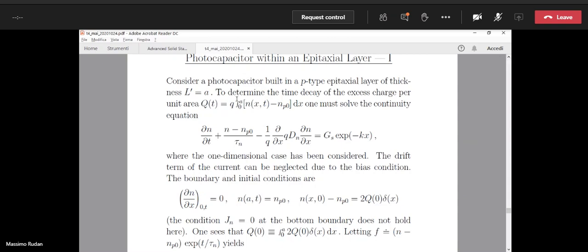This thickness here is called A for simplicity, instead of calling it L prime, because the symbol L prime is awkward. Then we have the continuity equation, and it must be solved without neglecting the term with the current density, because there is no asymptotic condition anymore.